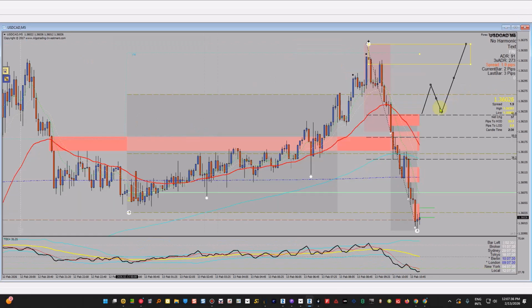What would validate the reset short is we get a pullback into one of these areas here, and we print an anchor. So we print something along the lines of an anchor, and it continues to move short. That would validate our reset.